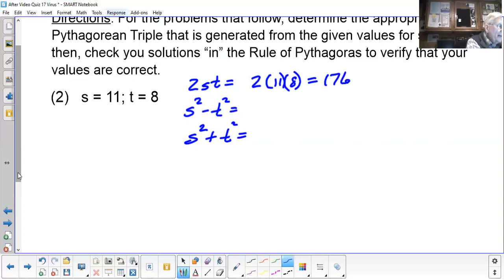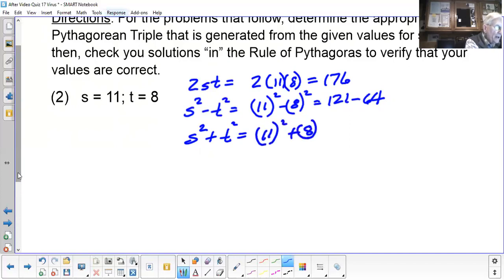For s squared minus t squared, it should be 11 squared minus 8 squared, which would be 121 minus 64. And for s squared plus t squared, it will be 11 squared plus 8 squared, which is 121 plus 64.